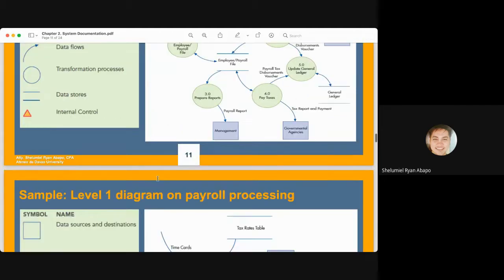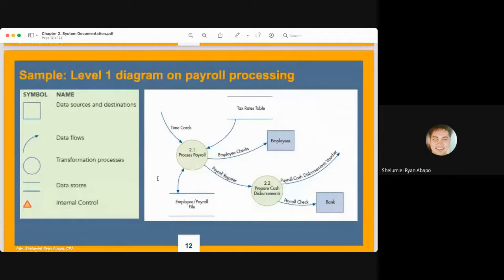Now, if you refer to the next level, which is level 1, it will further detail now a particular process.